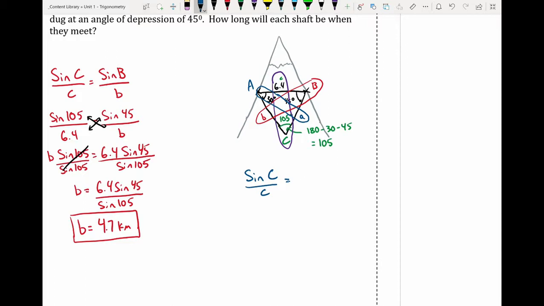Sine C over little c equals sine A over little a. Fill in our information, so we have sine of 105 over 6.4 equals sine 30 over little a, and the steps are going to be exactly the same as what we just did, just different numbers.